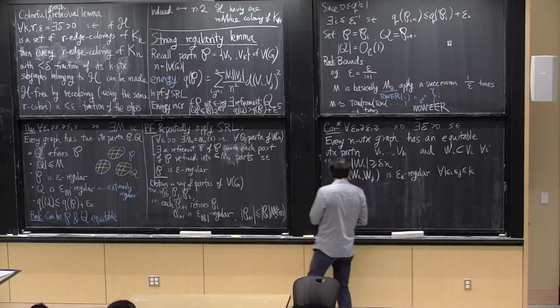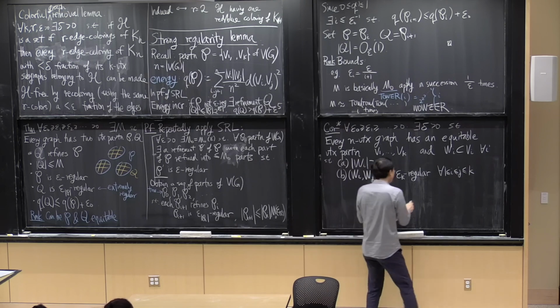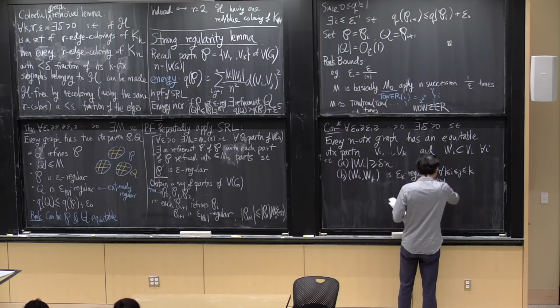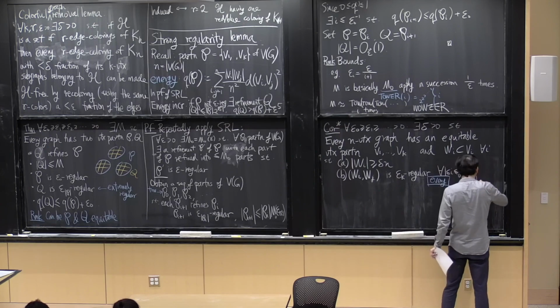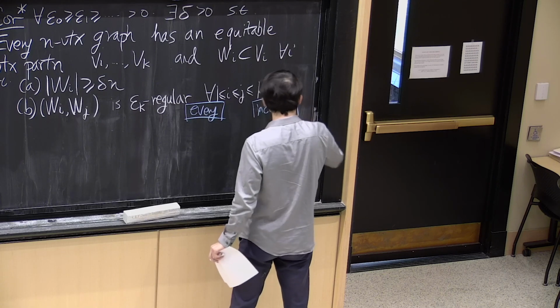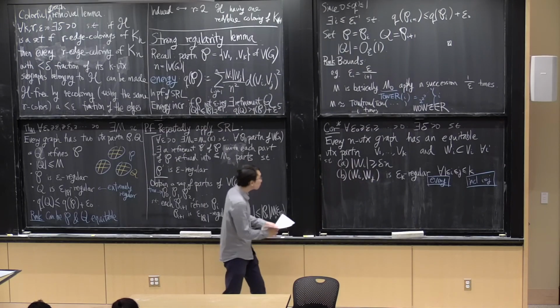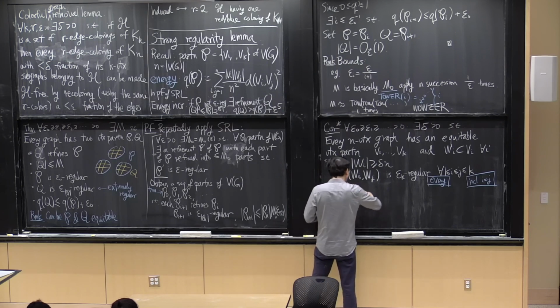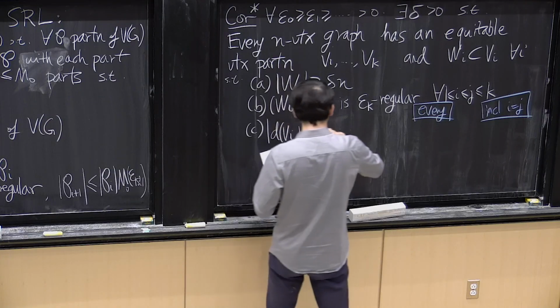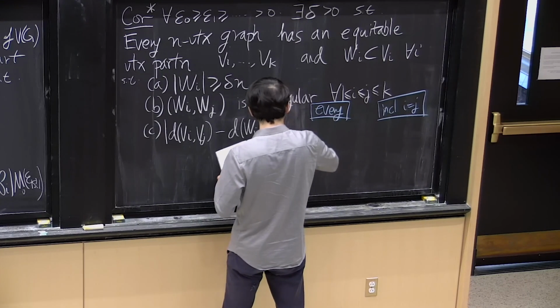This is the point I want to emphasize. Here there are no irregular pairs anymore. So it is every pair: no irregular pairs between the W_i's. And also, we need to include the case when i equals j as well, so each W_i is regular with itself. And furthermore, the edge densities between the V's are similar to the edge densities between the corresponding W's.